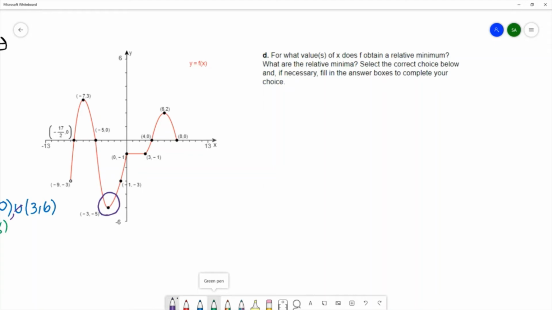And if I look just in this local neighborhood here, that is the lowest value in the area. So I would say that this graph has a relative minimum. It has a relative min of -5. That's the y value at that location.